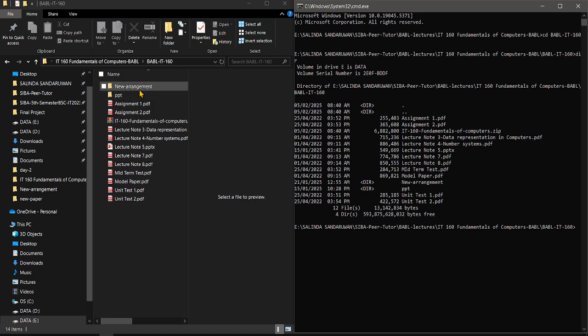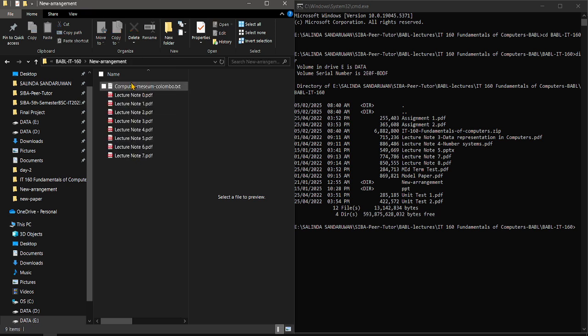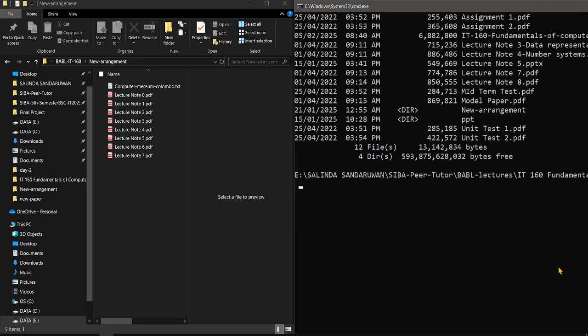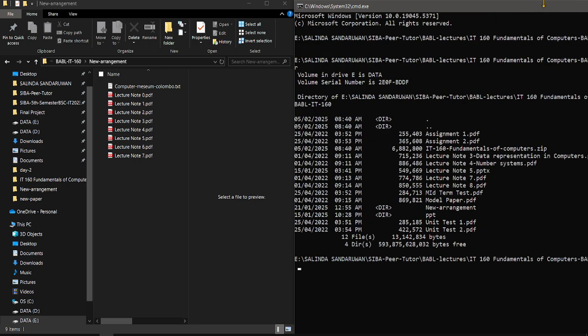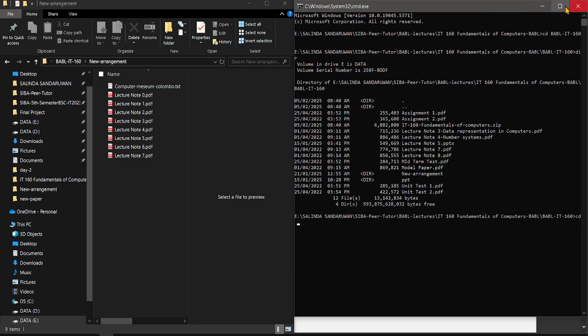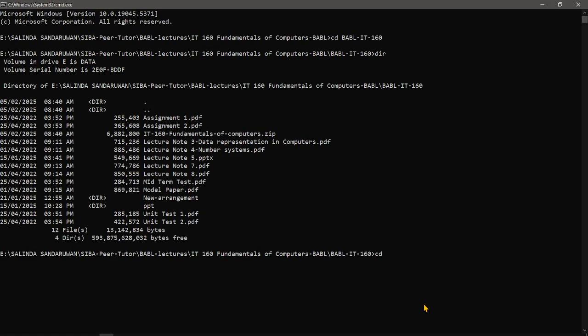Then let me go inside this new arrangements, and here how many files are there? I have 9 files, right? Here you can see 9 files. So how am I going to go inside new arrangement? I'm going to type cd, right? Let me zoom in so you can see it clearly. Then I'm going to type new and press the tab, new arrangement, right?